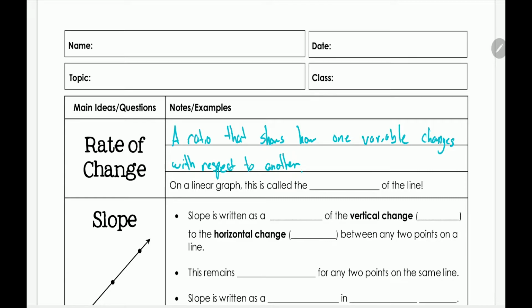And on a linear graph, or a graph that is a completely straight line, this is called the slope of the graph.